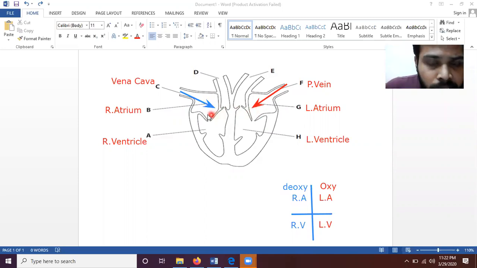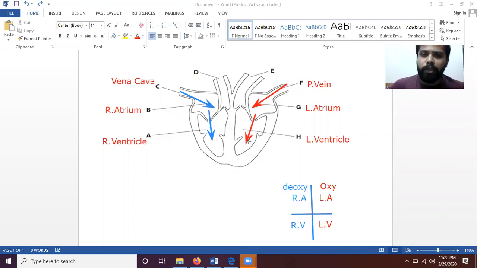Because of the contraction, the valve opens up, and as a result of that opening, the blood flows into the ventricles. So from your right atrium, the blood goes into what? Into the right ventricle. And similarly from the left atrium the blood goes into the left ventricle.